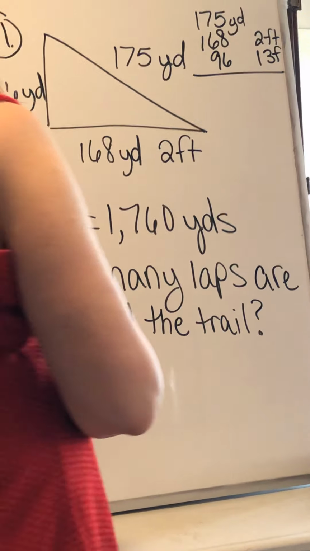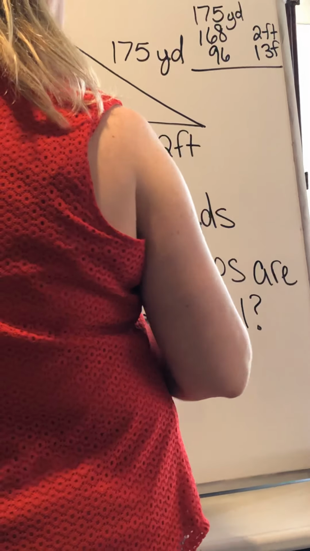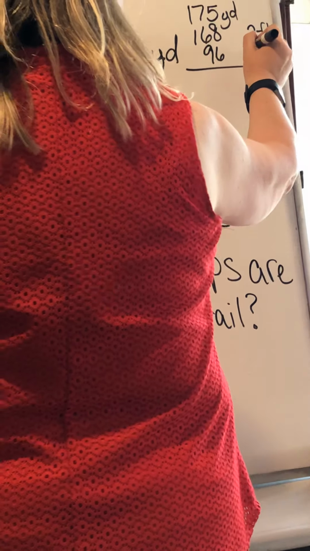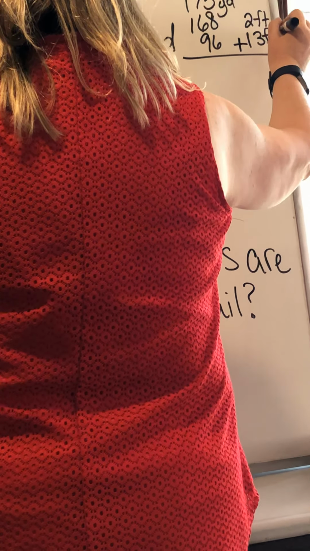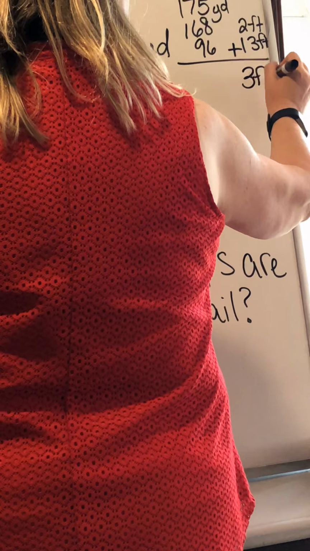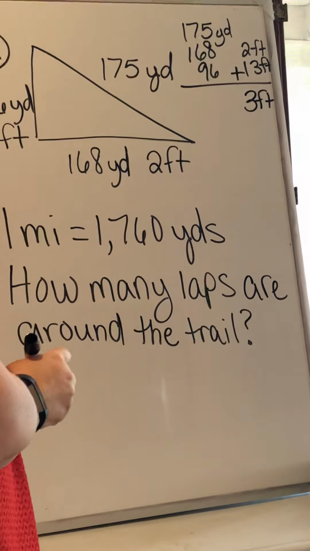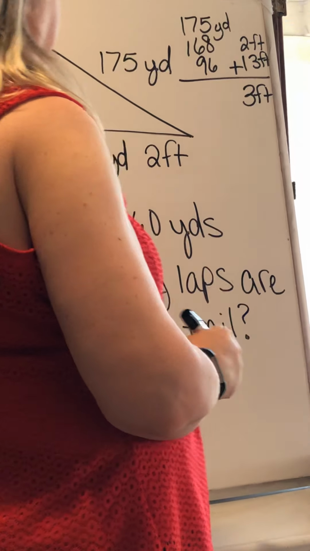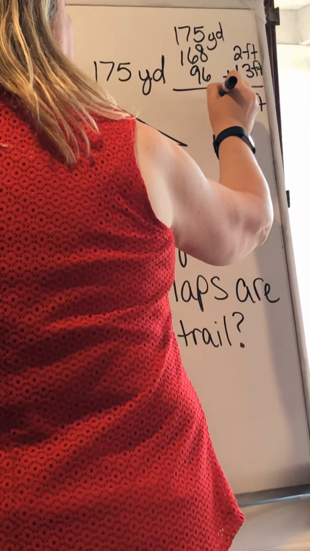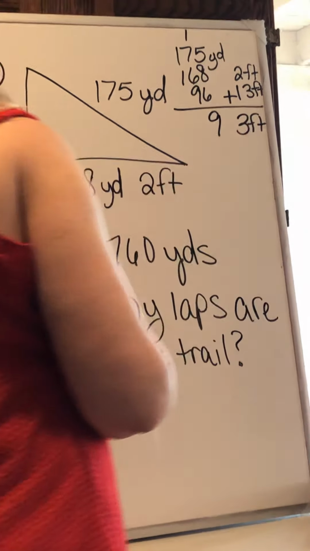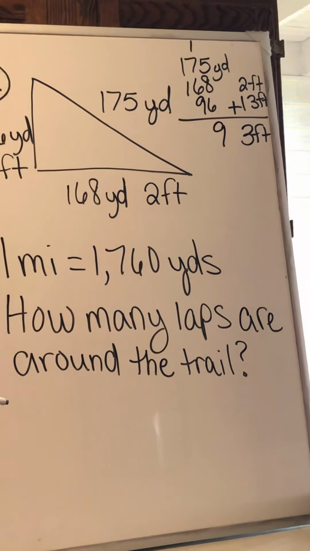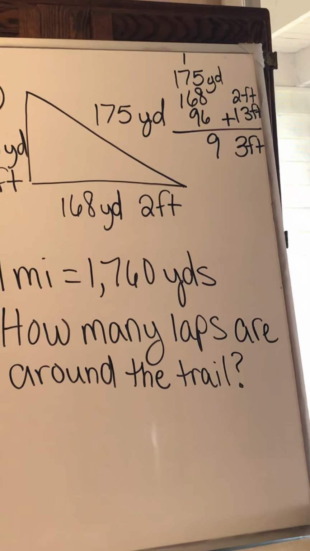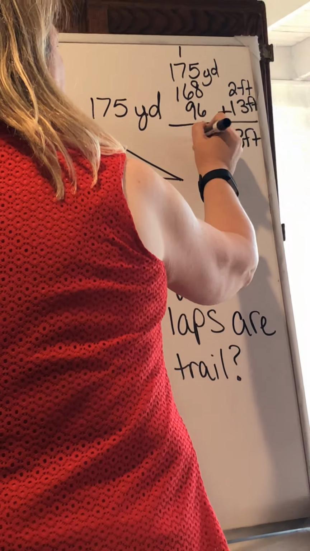Okay, so it looks to me that we have 1 plus 2, we have 3 feet right here. And then how many yards do we have? Well, 5 plus 8 plus 6, that should be 19. Carry the 1. Go ahead and add 1, 7, 6, and 9. That should make 23.